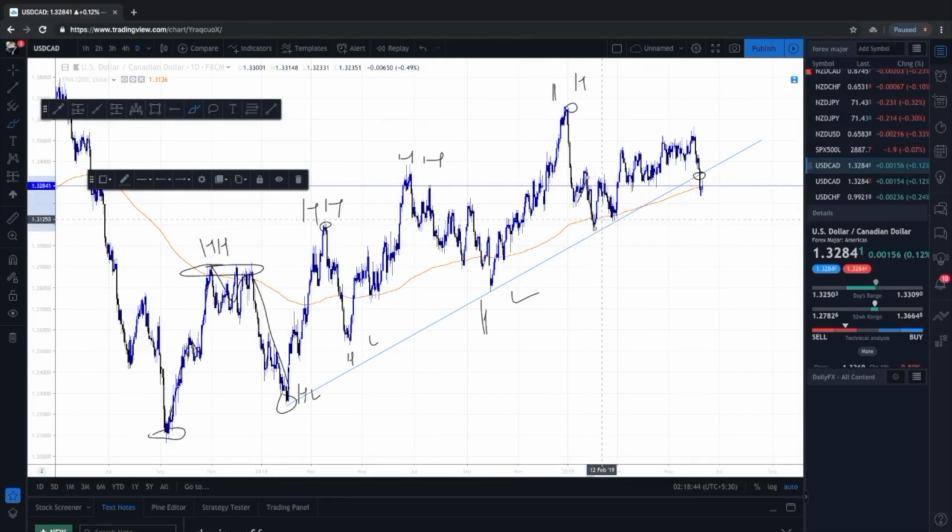At this point, you can see that the buyers are unable to create any new higher highs, or are struggling to. Finally, the price couldn't create any new higher high, and the price breaks the trend line. So this tells us that there is a change in the momentum of the market, and after that the price broke the trend line, which was acting as a vertical support.